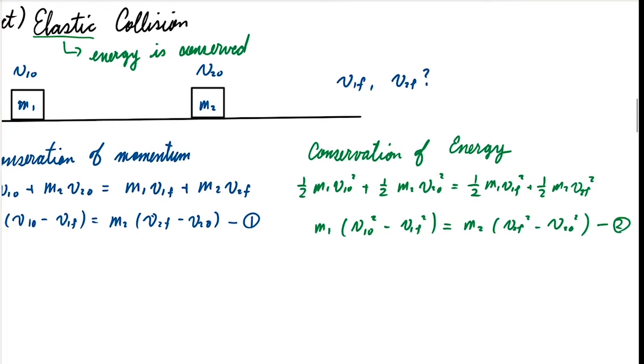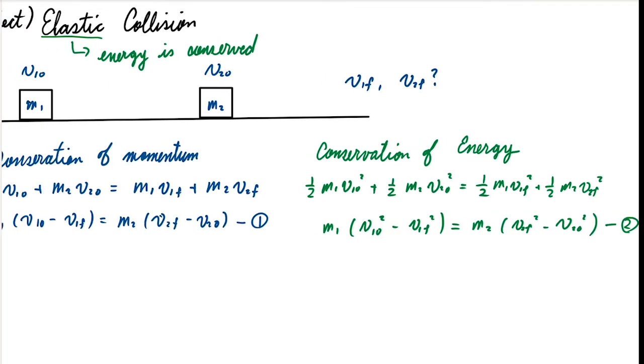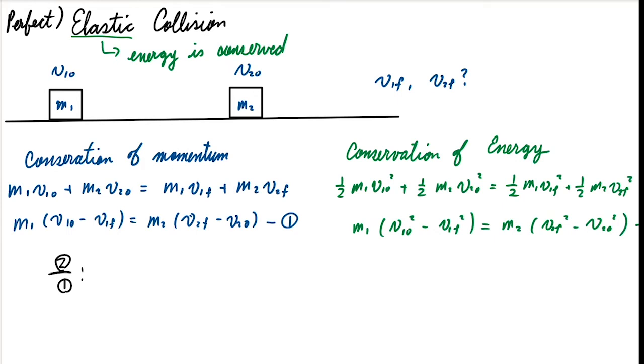And I'm going to divide vertically, 1 divided by 2. You can divide equations like this, right? Beautifully, m cancels, and you get v1 original plus v1 final is equal to, switching them because it's plus, v2 original plus v2 final.